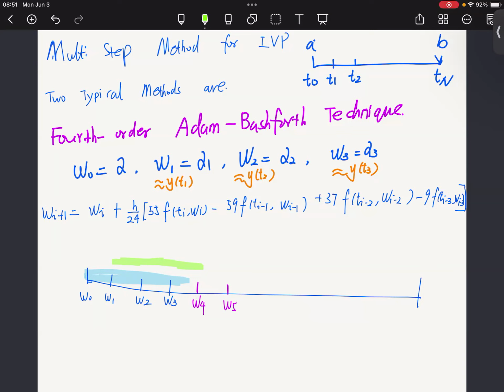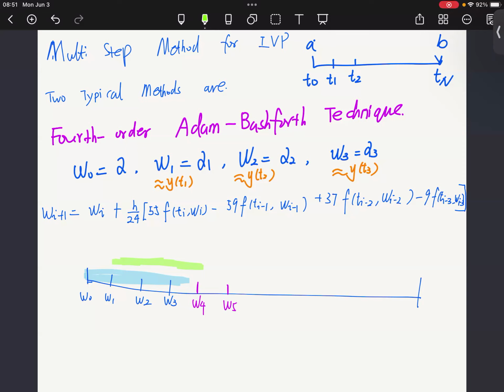So this is the idea for multi-step methods: use data from prior knowledge, which means we have already calculated W0 to W_i, and we use the data we have already calculated.